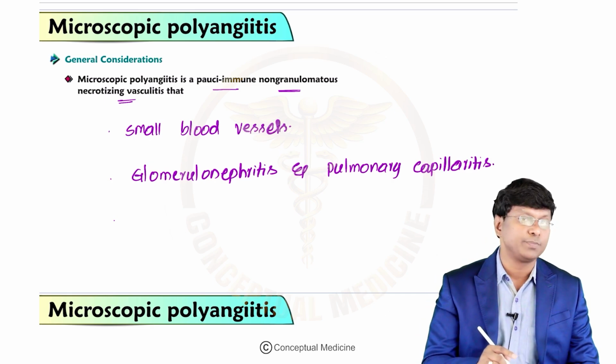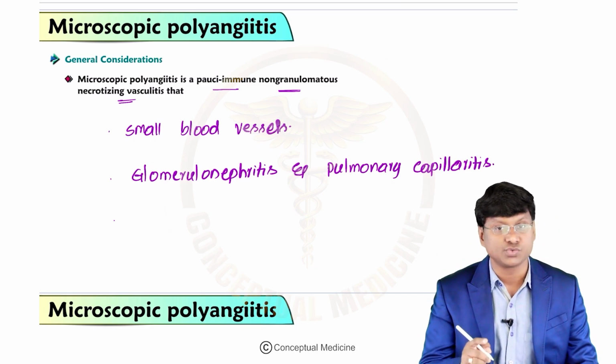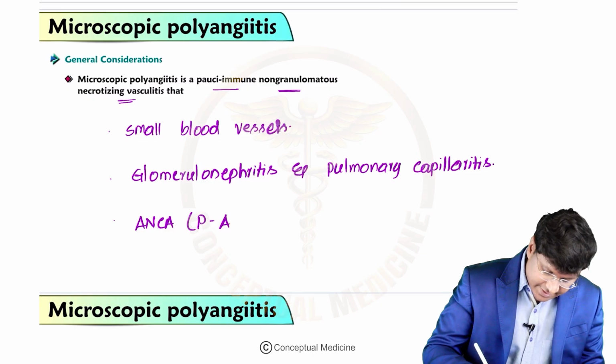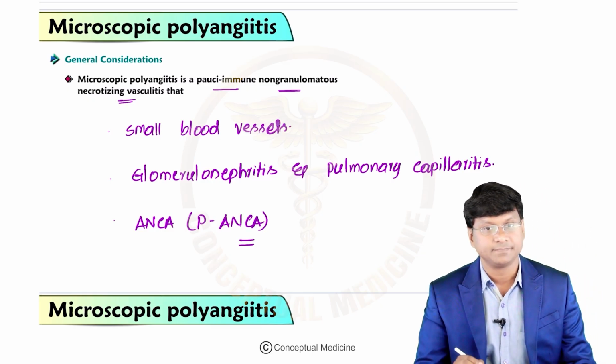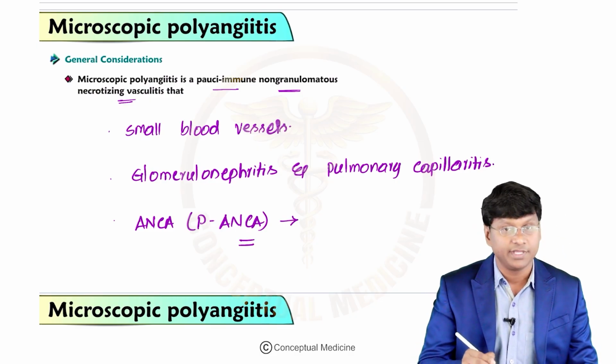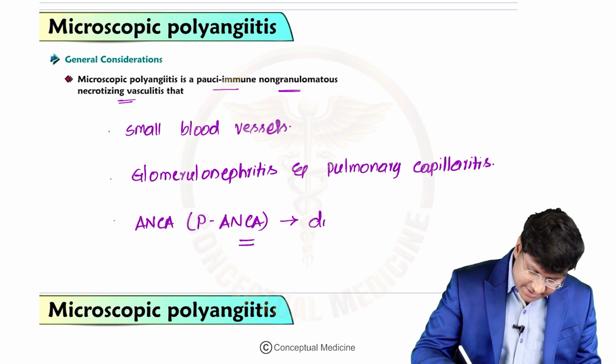And this microscopic polyangiitis is often associated with ANCA. And what is the type of ANCA? That is the p-ANCA. This p-ANCA is the antibody which is directed against myeloperoxidase.